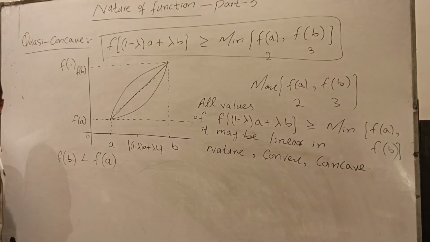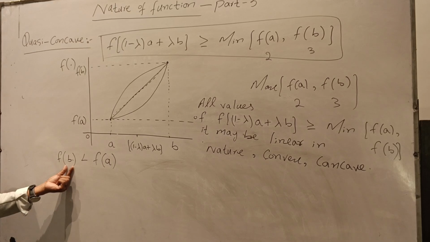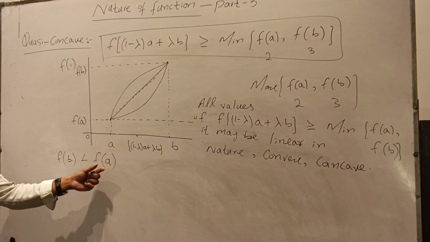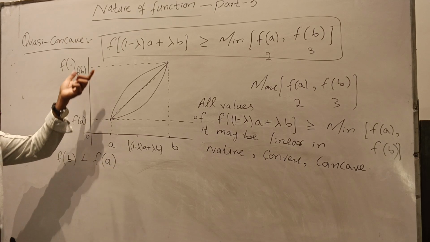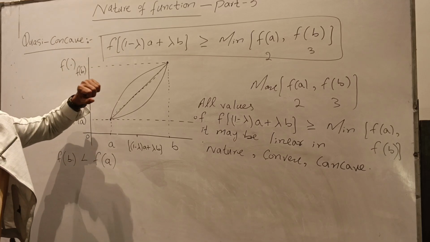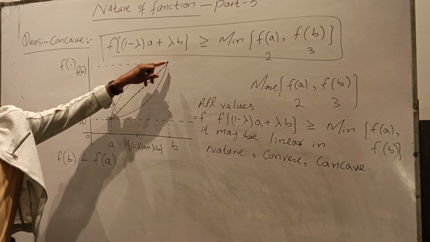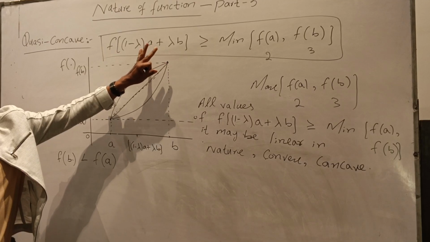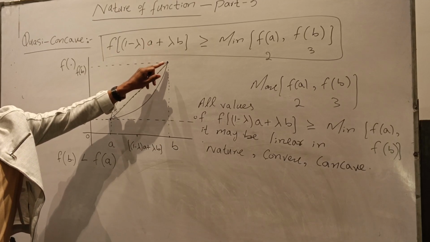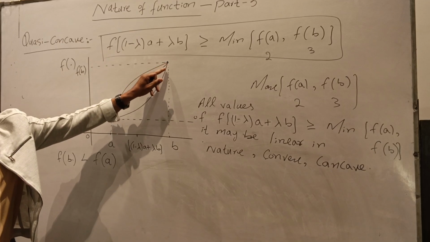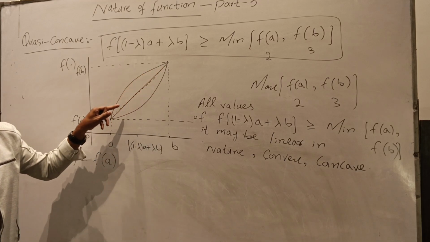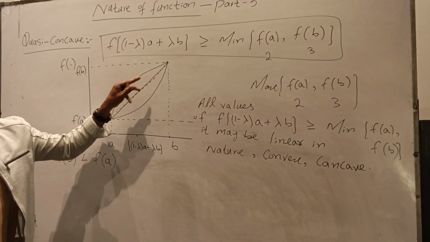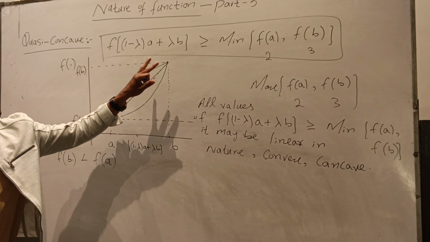I just change this condition and remove this one. I say the functional value of b is less than the functional value of a, for example. So then how will you compare? In that condition it will be the min. Clear? If it is less than this one, it will be the min. So again, in the min condition, your functional value will be initially convex, linear or concave.